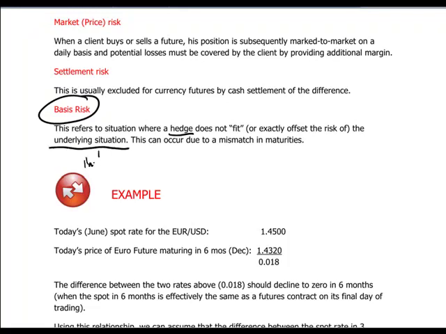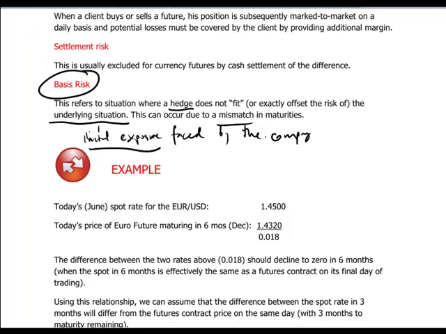This is the initial exposure faced by the company. And therefore the instrument selected for hedging purposes may not fit precisely the initial exposure, but may be an approximation and therefore leads to a mismatch. Now, an example of basis is also shown here.